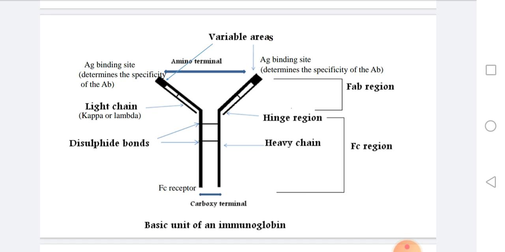Each class of immunoglobulin is composed of at least one basic unit. Some of them have more than one basic unit. Each basic unit is composed of two identical heavy chains and two identical light chains linked together by disulfide bonds.